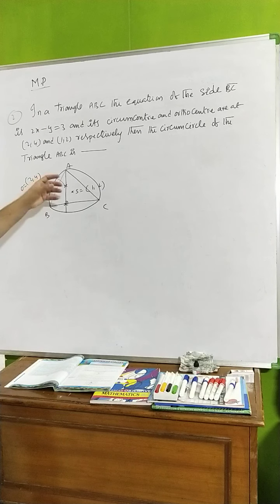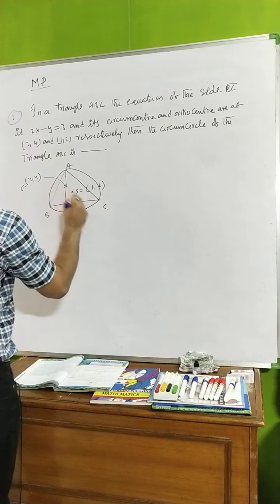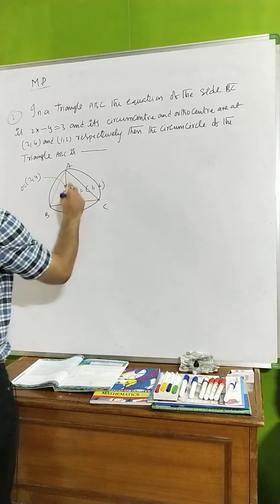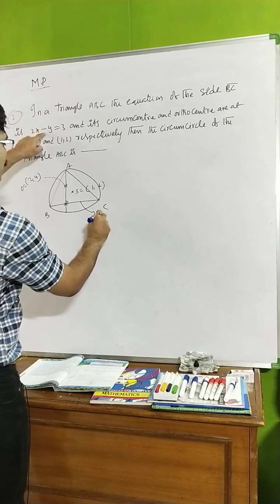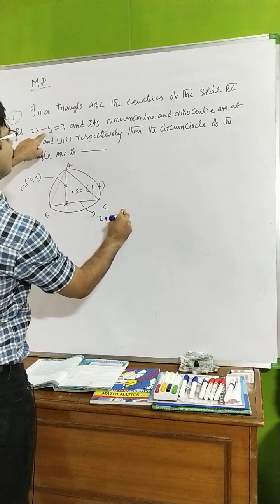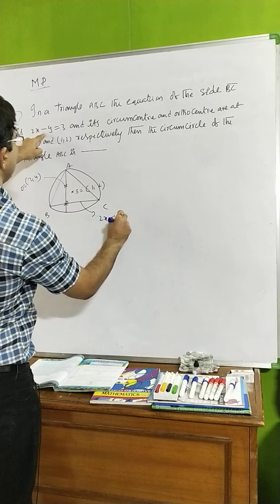To get the radius we have to use the logic. What is that? You see here now. This equation he has also given: 2x minus y minus 3 equal to 0.